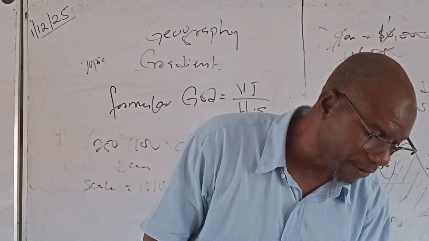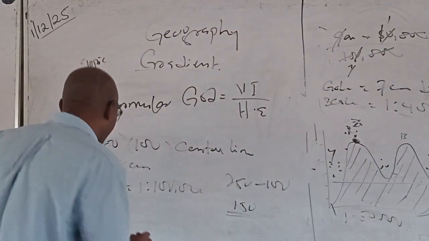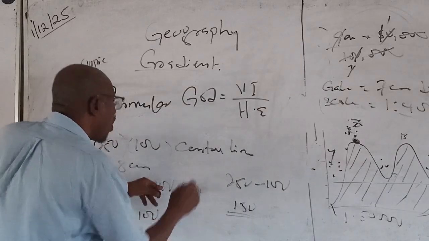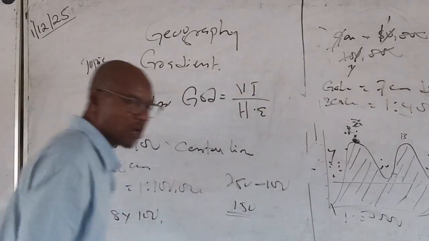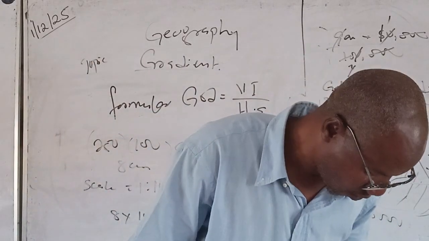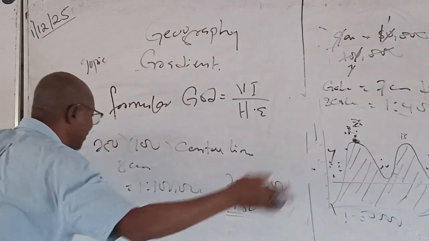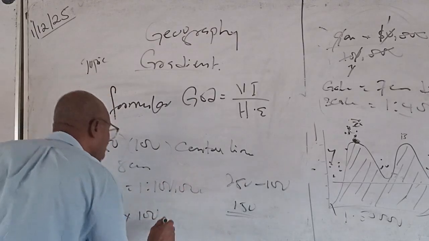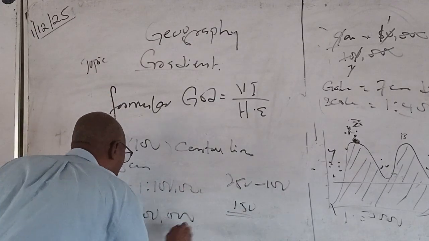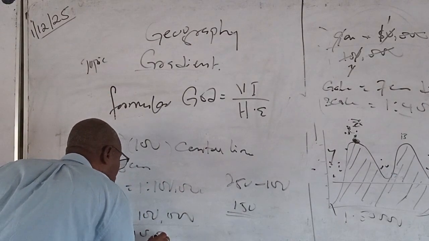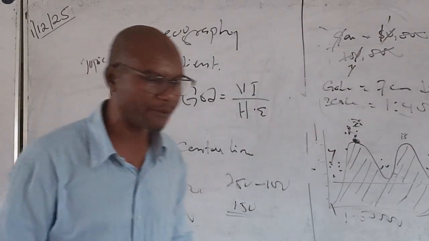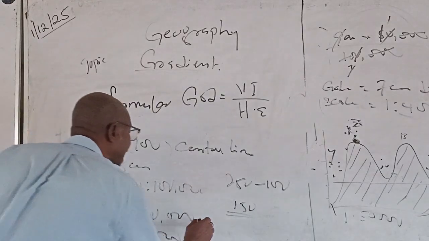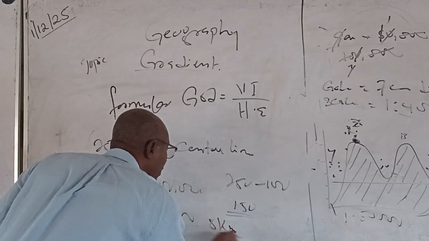Now, 8 times 100,000 on the map scale, divided by 100,000. When we cancel it, we arrive at 8 kilometers.